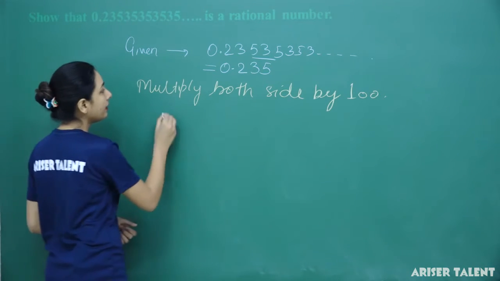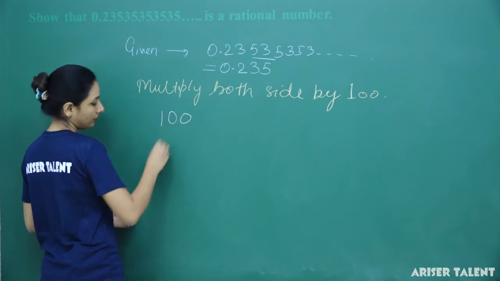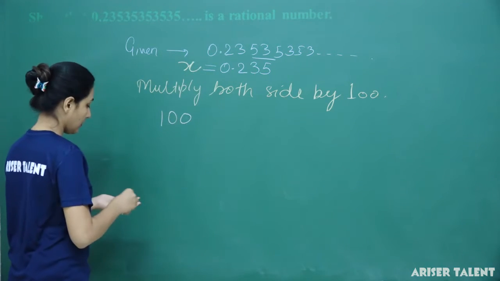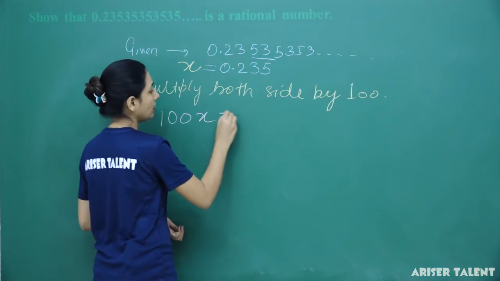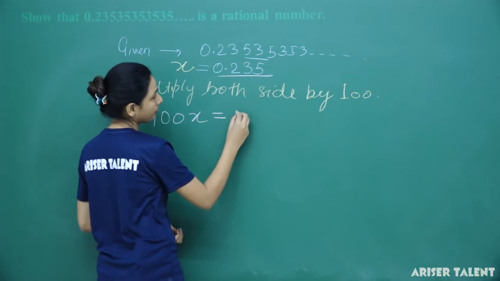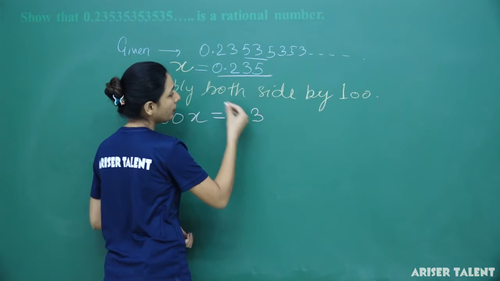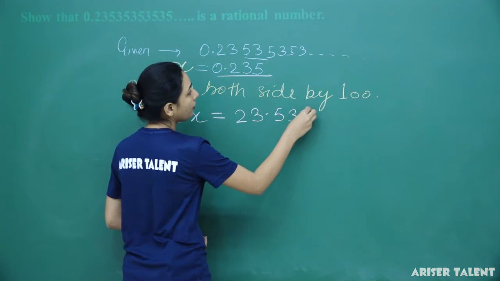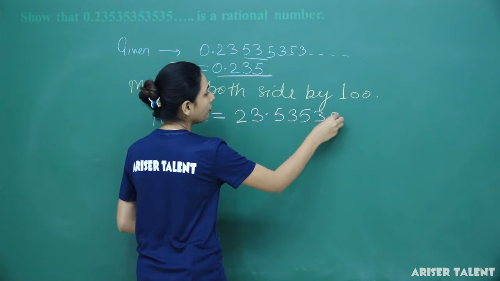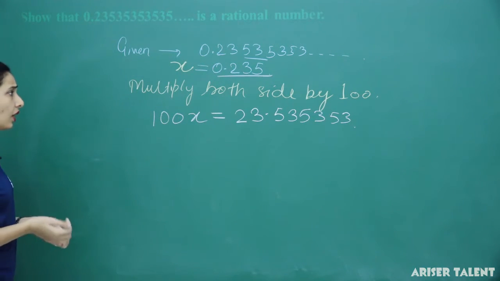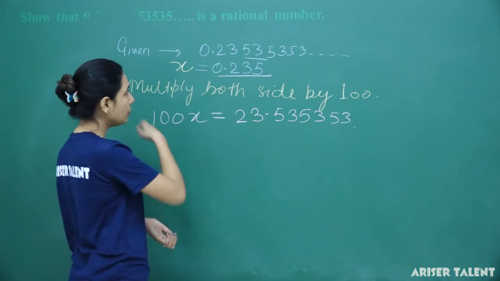You will simply get 100x equals to 23.5353535.